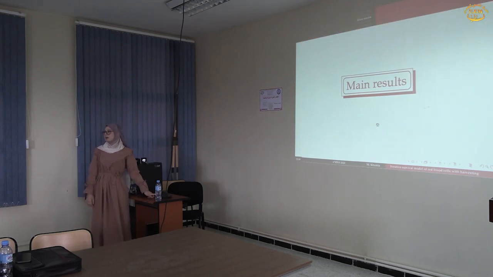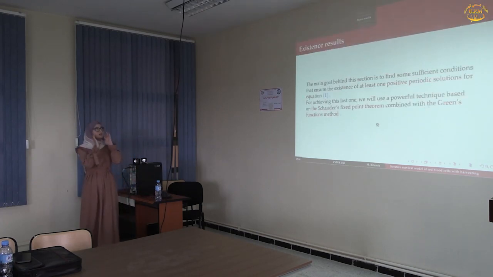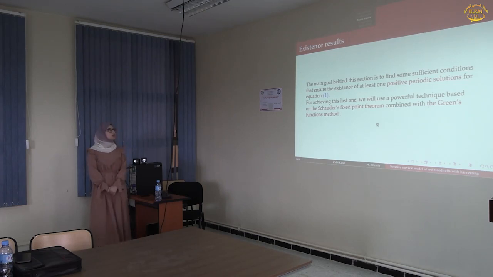Let's now move on to the main results, and let me start by talking about the existence outcomes. The main objective behind this section is to find some sufficient conditions that ensure the existence of at least one solution of equation 1. And for achieving this, we will use a powerful technique based on Schauder's fixed point theorem combined with the Green's functions method.